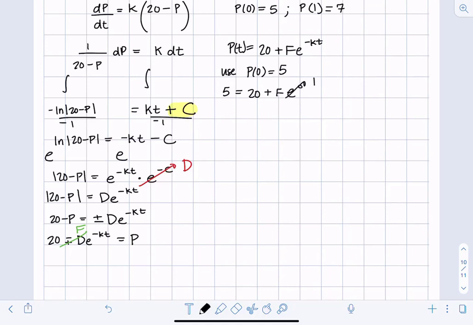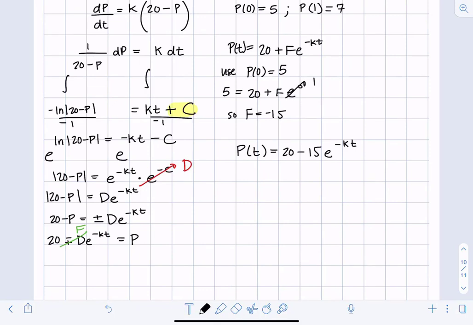So it would mean that f should be negative 15. Okay, now we're going to go back to our solution curve and put that in. So our solution curve is now p of t is 20 minus 15 e to the negative kt.